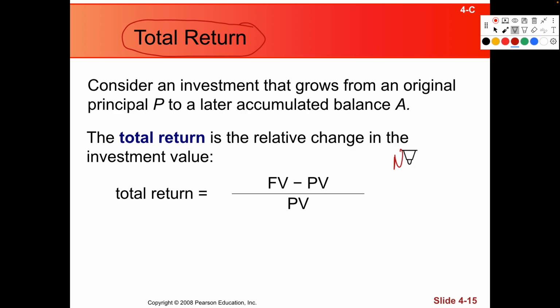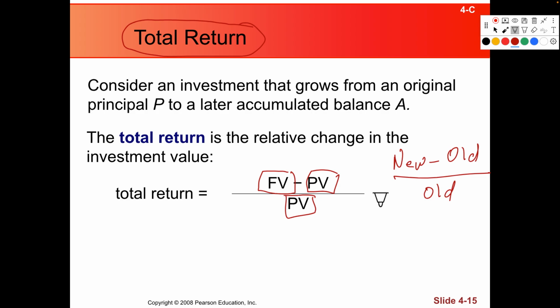Remember we had percent change, which was the new minus the old divided by the old. That's really what this is. This is future value, which is the newer value, minus the present value, divided by the present value. So it's really the same thing: new minus the old divided by the old. Again, it will give you a decimal. If we multiply it by 100, that'll turn it into a percentage. We'll look at a few examples because there are a couple of homework questions that ask you to calculate this.